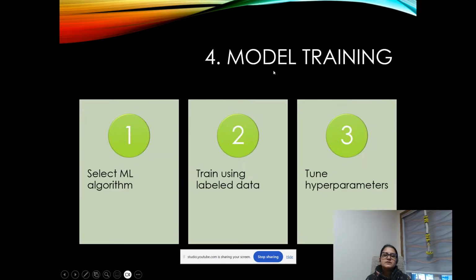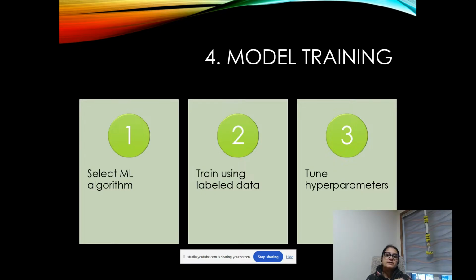And your model training. Fourth step, you will select the machine learning algorithm, depending on what kind of problem you are going to solve. Remember, in the first step, you decide whether you are going to predict, or classify, or whether there is unlabeled data. Here you will decide which algorithm you are going to apply, like logistic regression, decision tree, random forest.